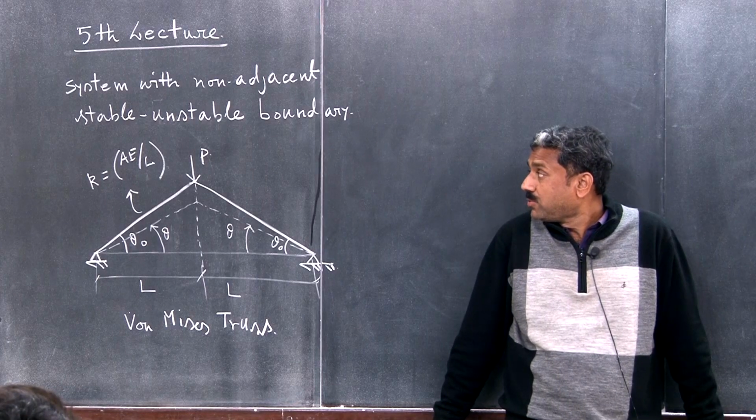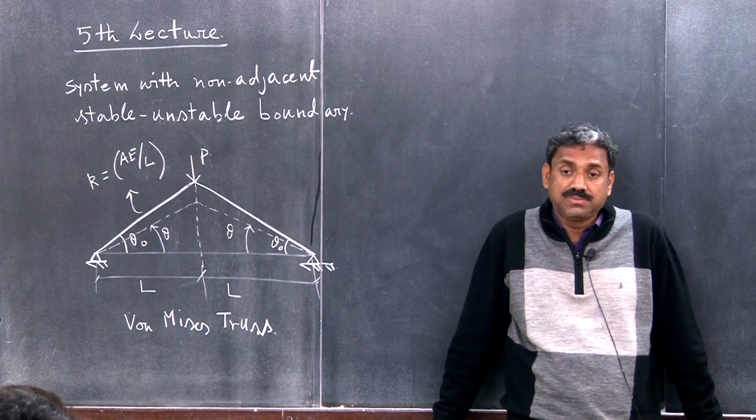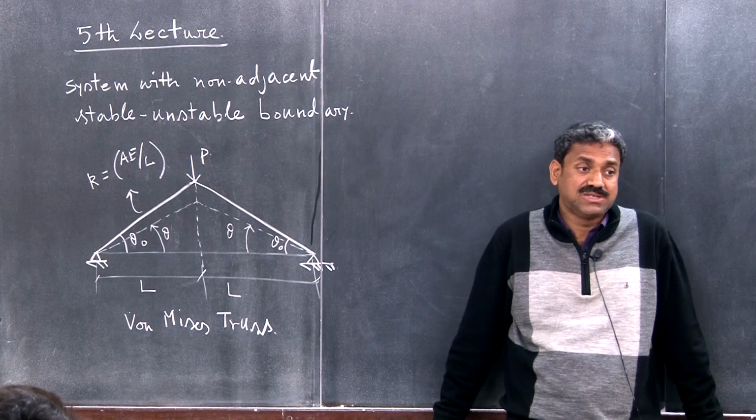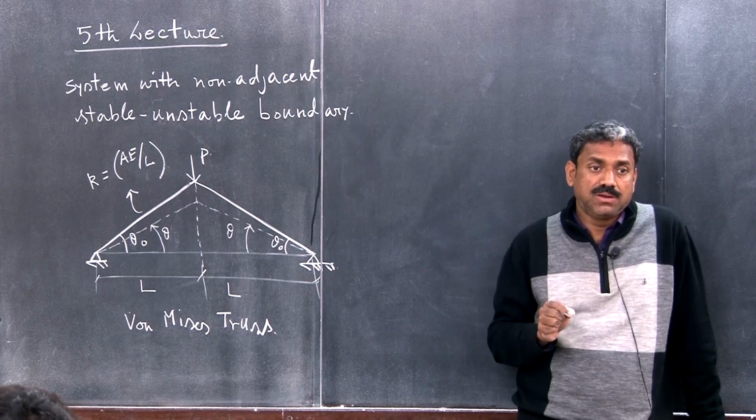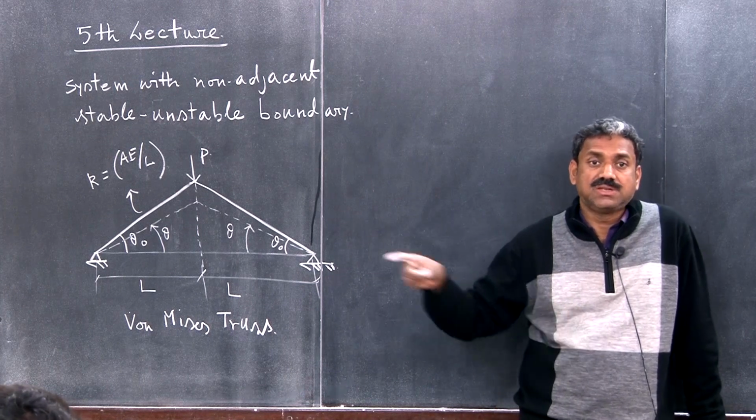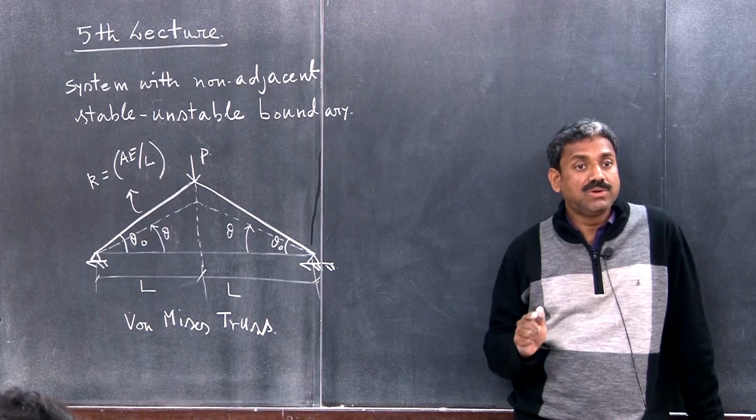So it is a system in which stable to unstable transitions are not adjacent. Okay. So the equilibrium configuration from one stable to another stable equilibrium configuration is far apart. I will show you how it is possible.